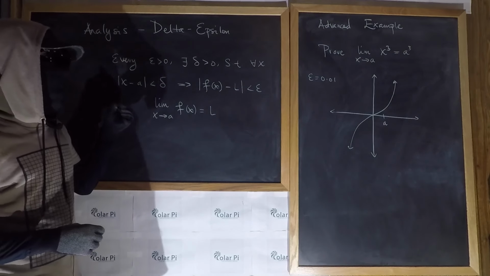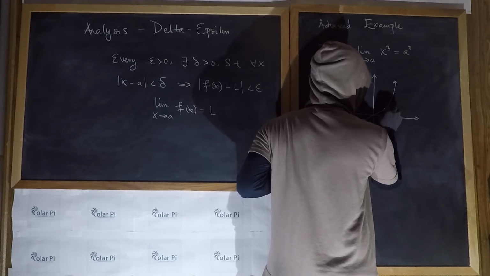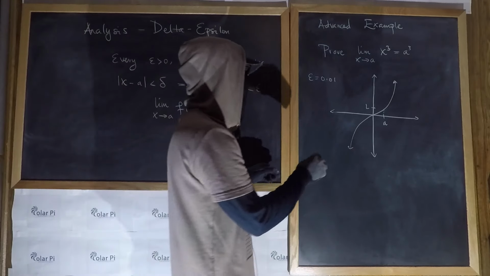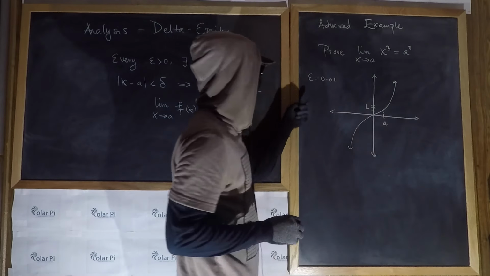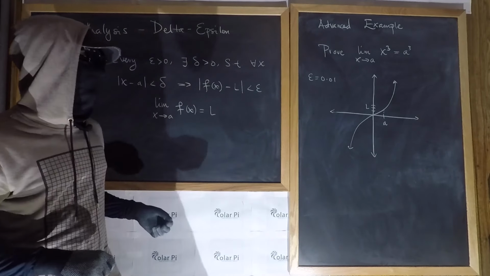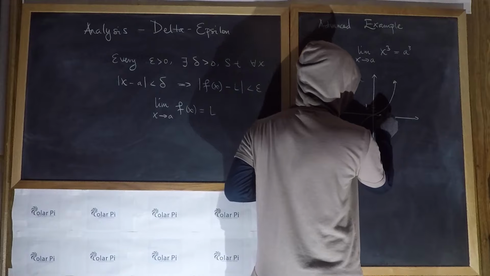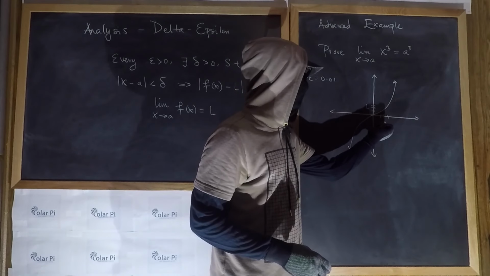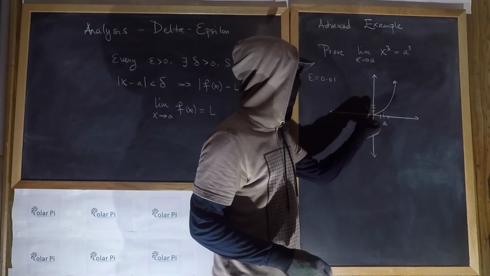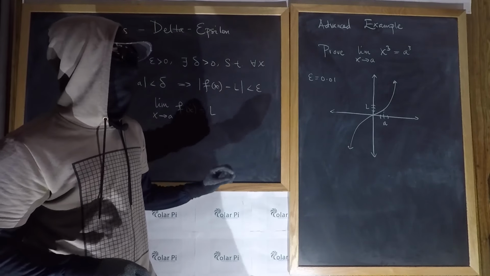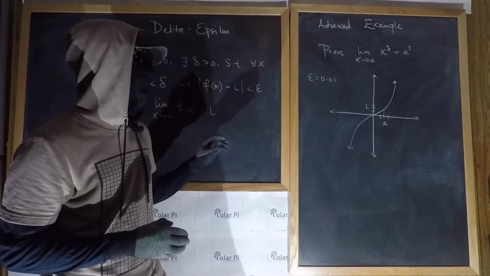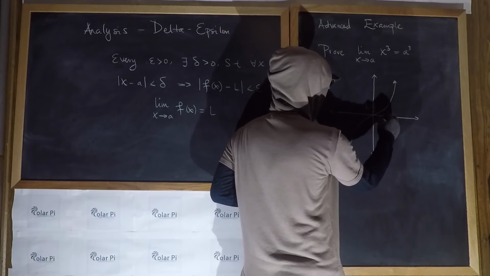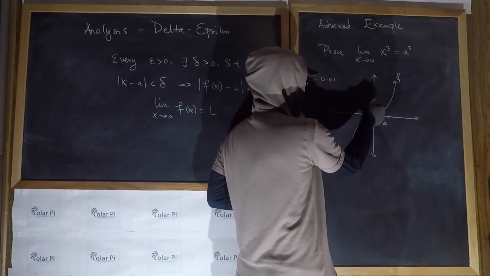Since we're saying that the limit as x goes to a of the function f is L, there's an epsilon neighborhood, an epsilon amount on either side of L, and what we have to do is find a delta so that a delta neighborhood about the point a along x, delta amount on either side of a, has all x's being mapped by the function f onto the epsilon neighborhood about L. That's the challenge.